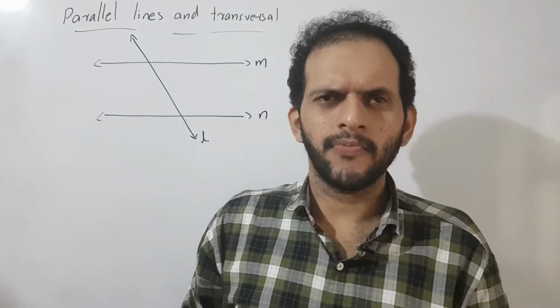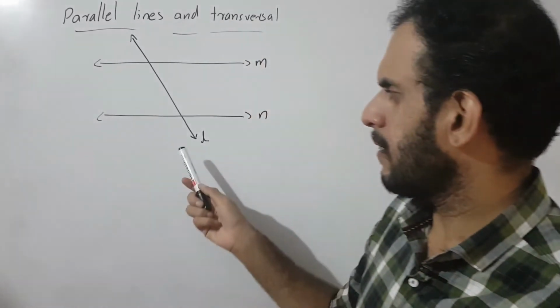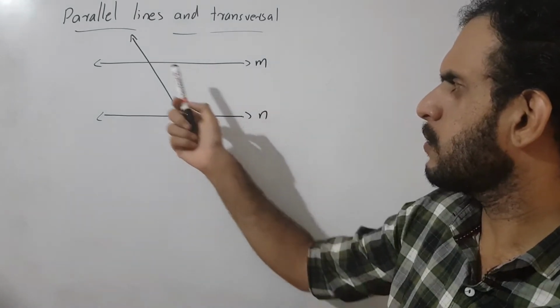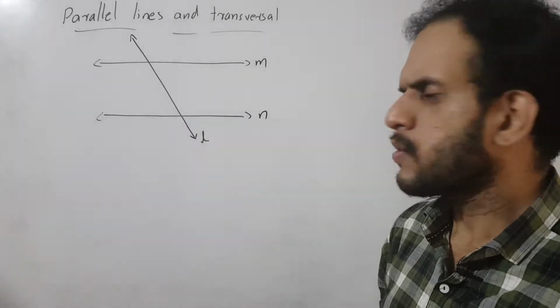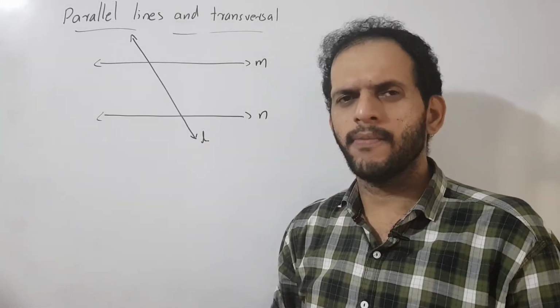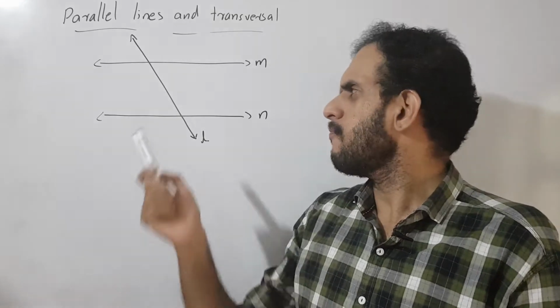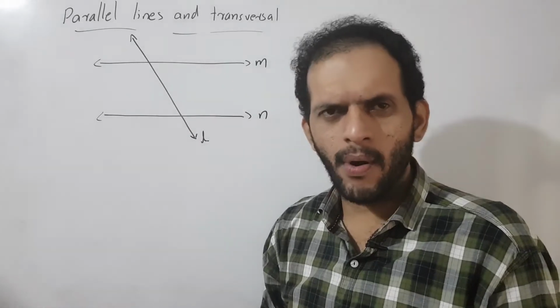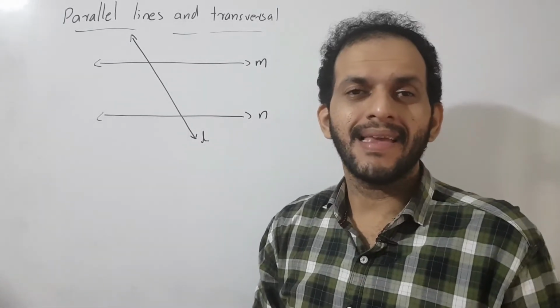Okay, in this figure the line L intersects the lines M and N at two distinct points, so L is called the transversal. Clear? So we know that if a transversal intersects two lines at distinct points, then there exist 8 angles.